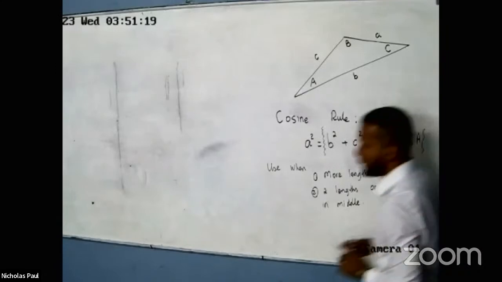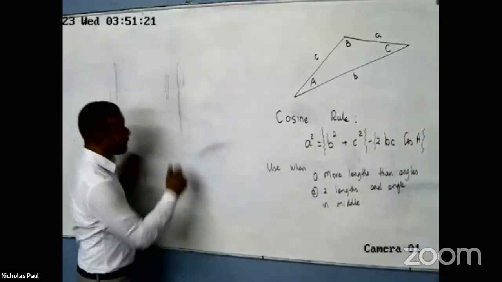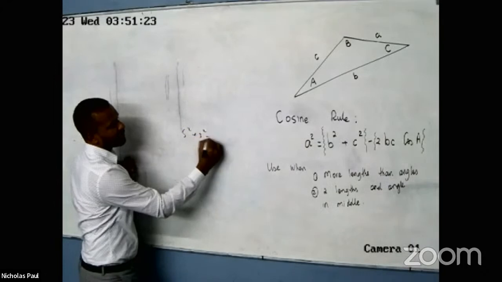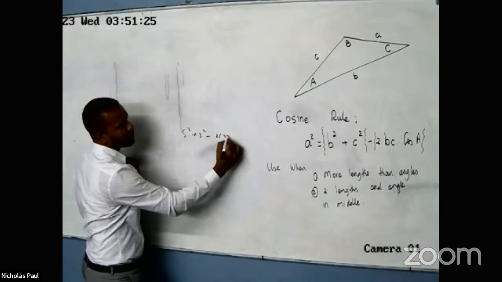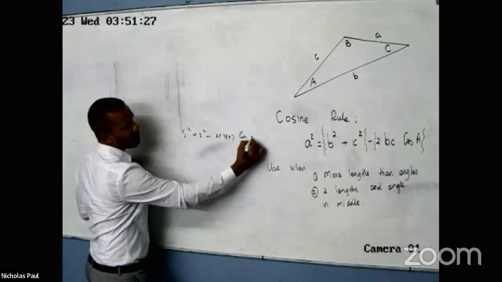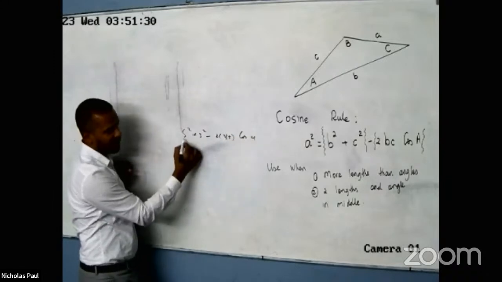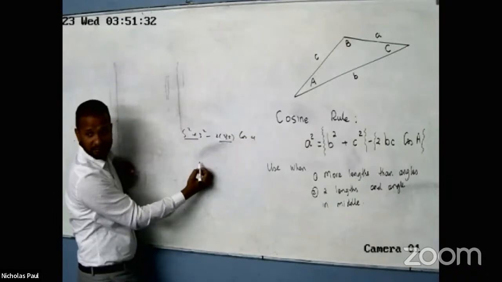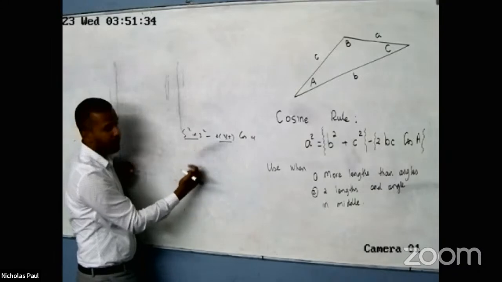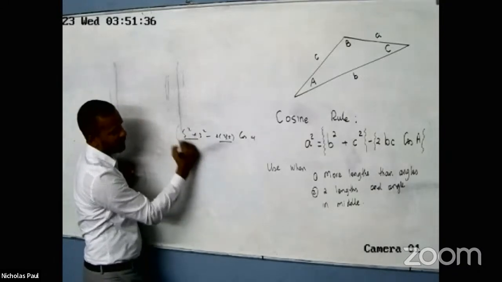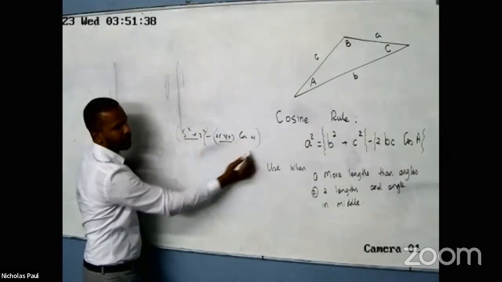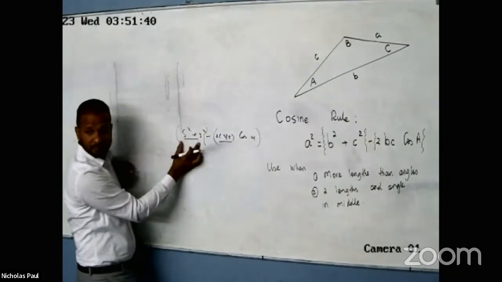Imagine you're doing a question like 5 squared plus 3 squared minus 2 by 3 by 5 cosine 4. It looks like you can work out this and then subtract this, the way it's written. That's one of the reasons why I put the little brackets here. So you see you're working out this and then this.